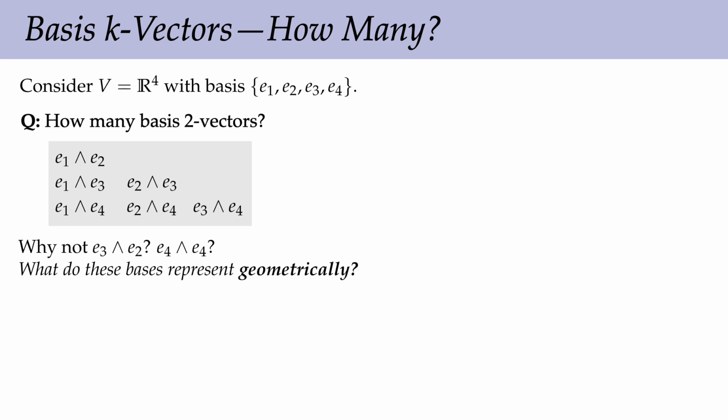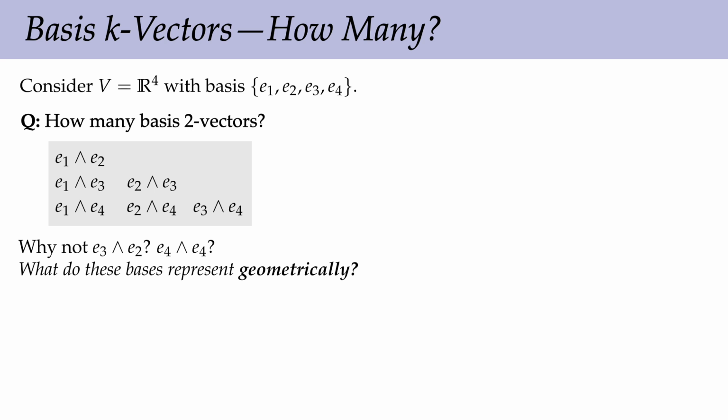Okay, so that's out. What about E3 wedge E2? Why is that not in my list? Well, we had another very important property, which is that U wedge V is equal to minus V wedge U. This anti-symmetry of the wedge product: if I swap the arguments, I get the opposite orientation.